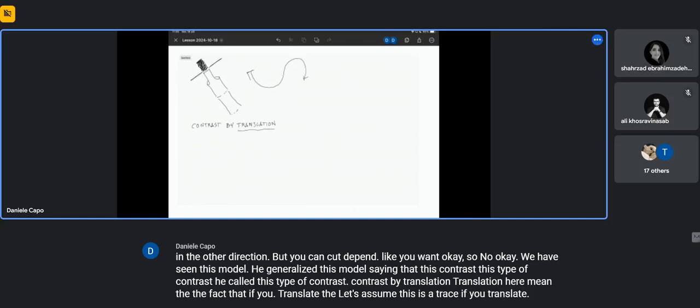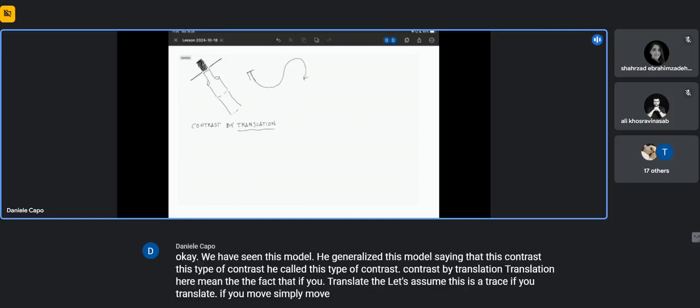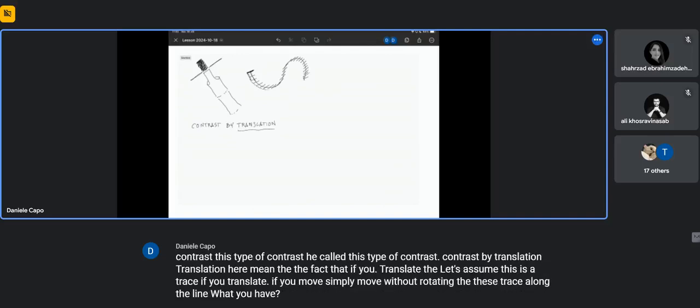If you move, simply move without rotating this trace along a line, what you have is a trace like this one, that shows a contrast.